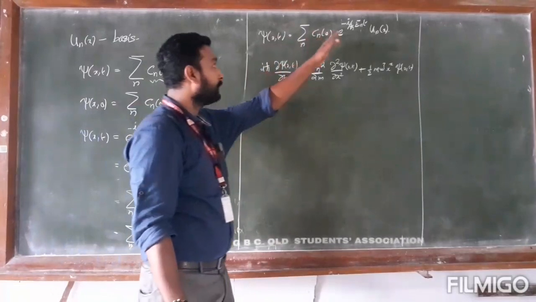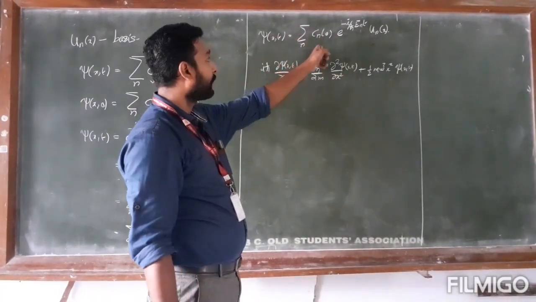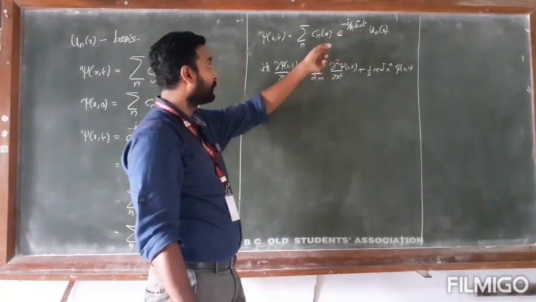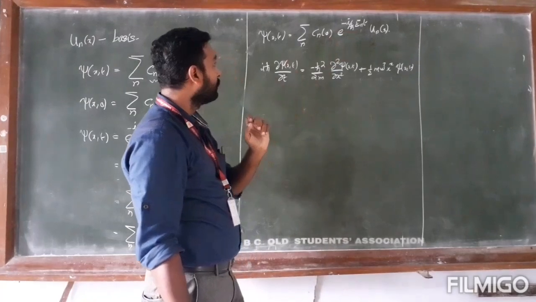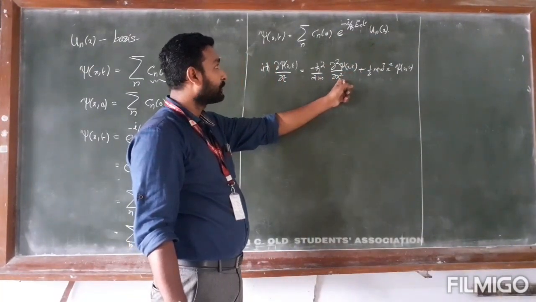If you substitute it here, we'll get a very long equation, because on the right side there is a time dependent quantity, so we have to differentiate the exponential factor, and there is a space dependent quantity, so I have to differentiate two times.